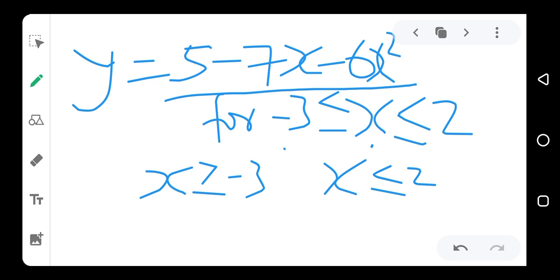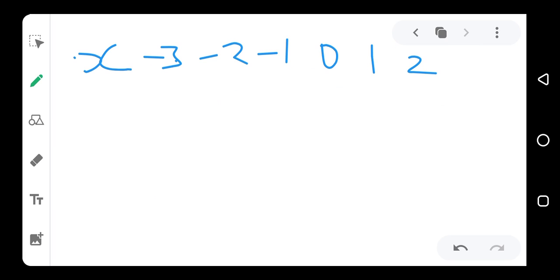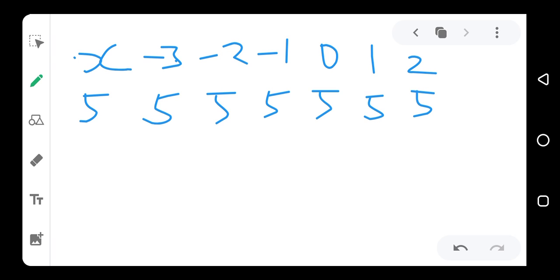The first term is 5. It has no variable, so we put 5 under each value of x.